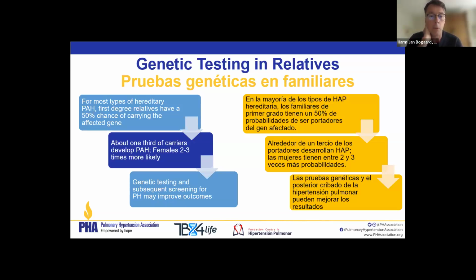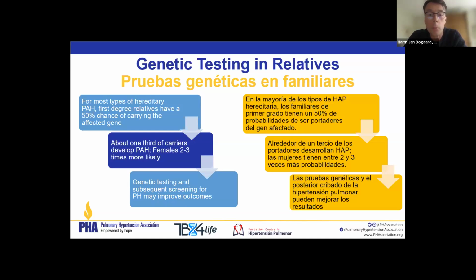So even if you carry the gene, it doesn't mean that you will become sick. So that really affects the choices of whether you want to be tested or not. And what is also very important is that the chances for females and males to actually develop the disease are quite different. Unfortunately, females have a much higher chance of developing PAH when they carry the gene than males do.